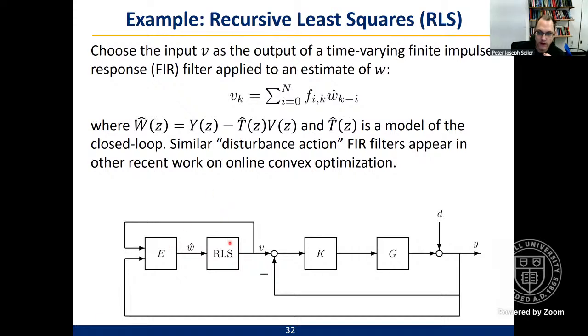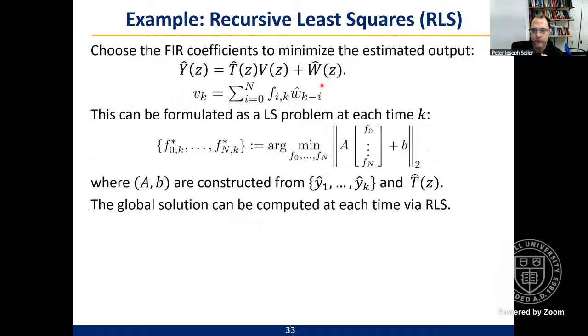And then I'm going to figure out how to use that estimate of the leftover disturbance by updating these coefficients at each point in time. So this is done in discrete time. This is what people might call a disturbance action or finite impulse response filter. So these are the coefficients that we're going to learn. Now you can basically say what I'm going to try to do is minimize the variance.